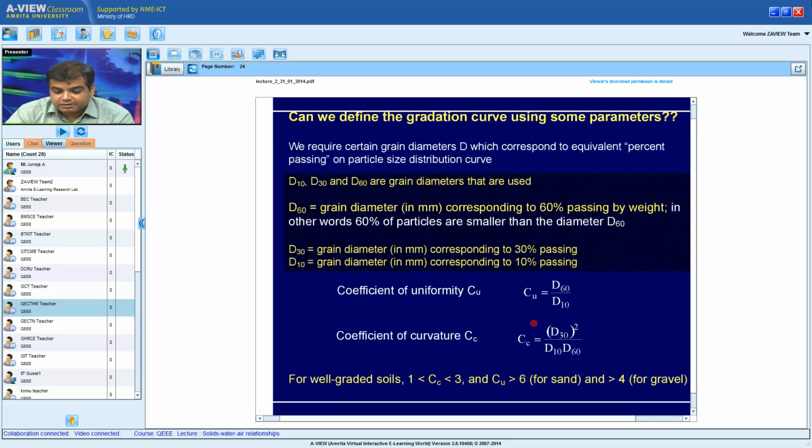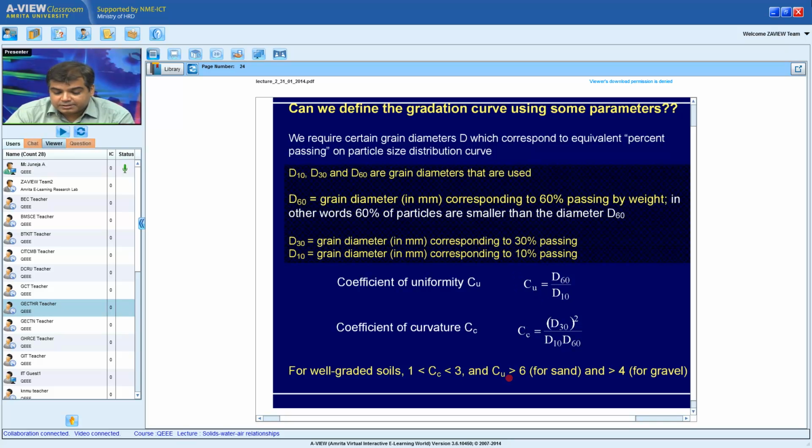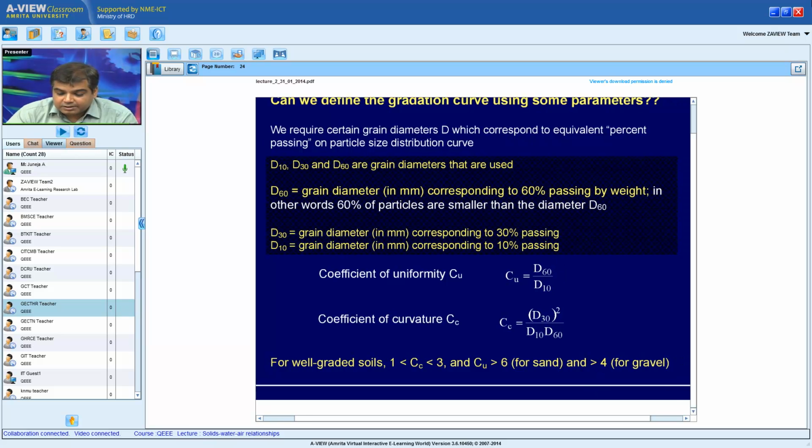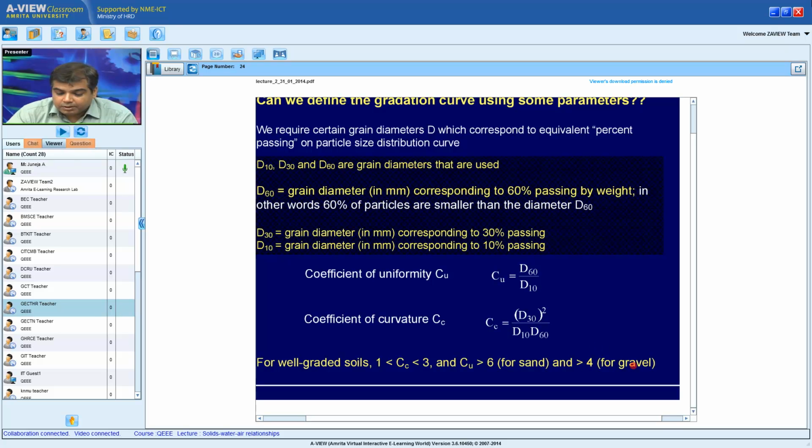So Cu is D60 by D10. We also determine the Cc value. For Cc, we read out D30 and divide D30 squared by D10 times D60. We evaluate both numbers. If Cc, the second one, D30 squared by D10 times D60, is between 1 and 3, and if Cu, which is D60 by D10, is more than 4, we say it is well graded gravel.